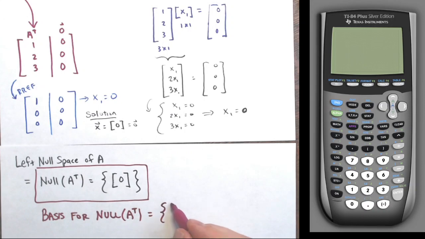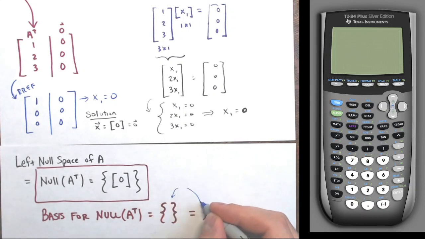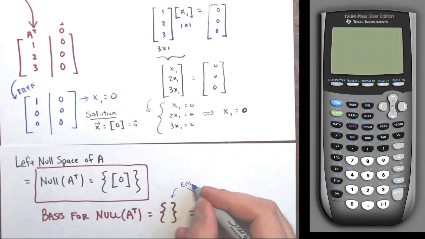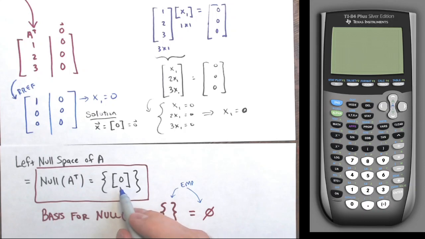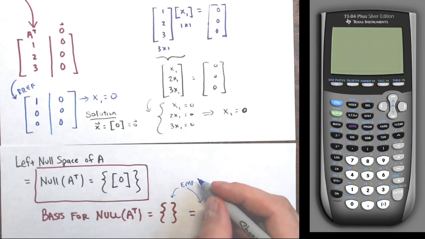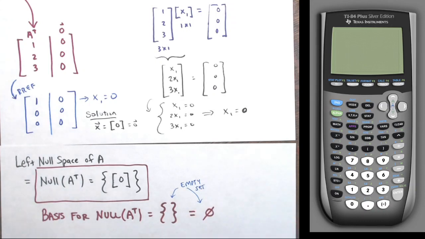There are no vectors in the basis for the vector space with only the 0 vector in it. That's the circle with a slash through it, but again, this is the empty set. They would say that this vector space with just the 0 vector in it has dimension 0, right? Because every basis is going to have no vectors in it, so don't forget that.